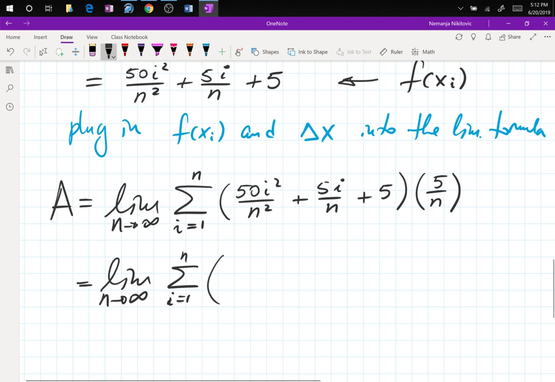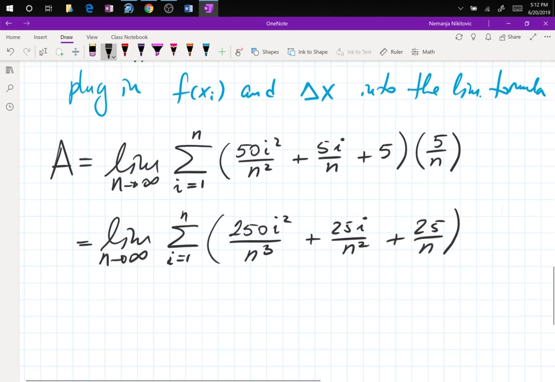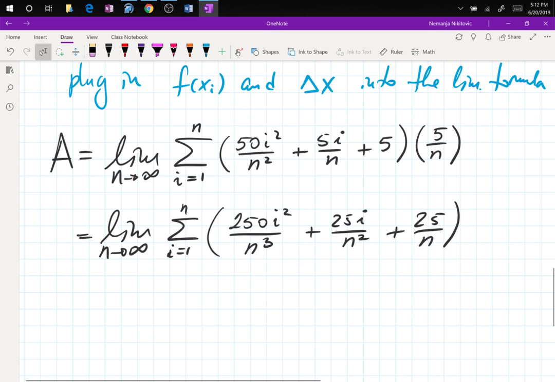So now we have 250i squared over n cubed plus 25i over n plus 25. Oh, sorry, 25i over n squared, 25 over n. Before I get my eyes scratched out. So that was distribution.